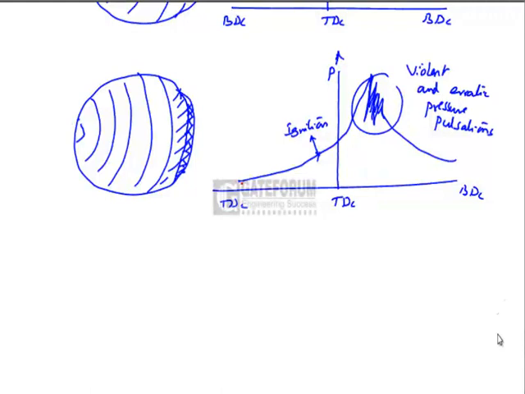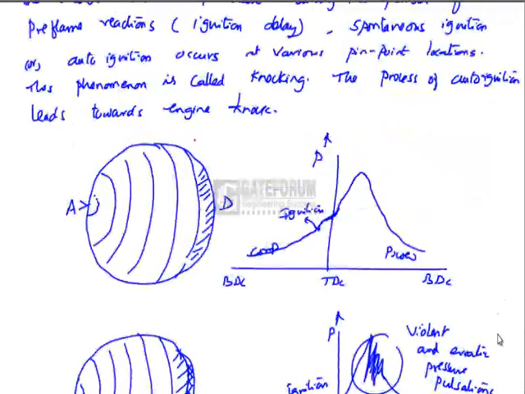In the normal combustion, the flame travels across the combustion chamber from A towards D. The advancing flame front compresses the end charge. Please note that the main actor in the phenomenon of detonation or knocking in the spark ignition engine is the last portion of the unburnt charge.